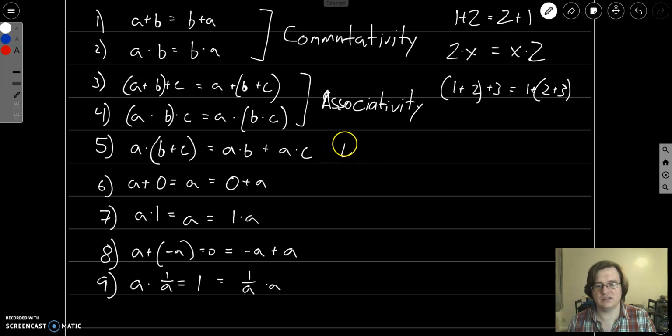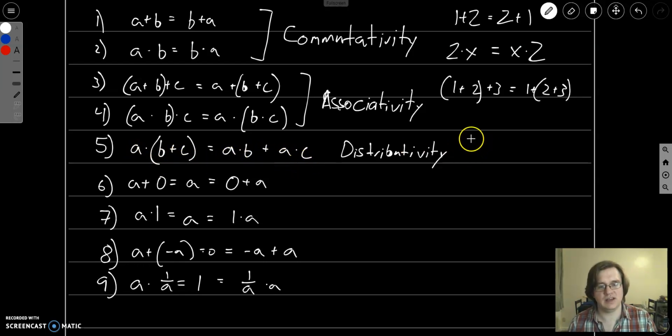This next one is called distributivity. The idea here is that we can distribute multiplication across addition. So we can distribute an a across the b plus c to get a times b plus a times c.